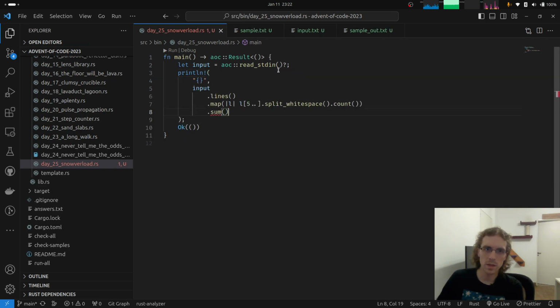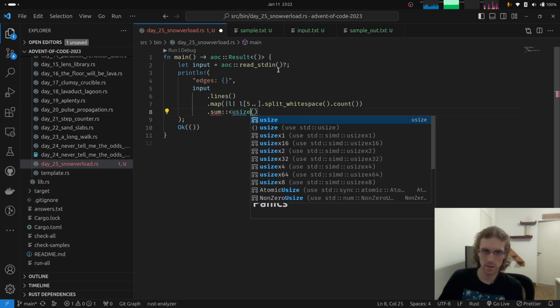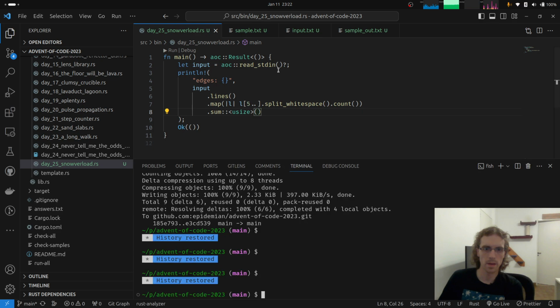And I think that will be the number of edges. And this sum requires a type annotation, sure.